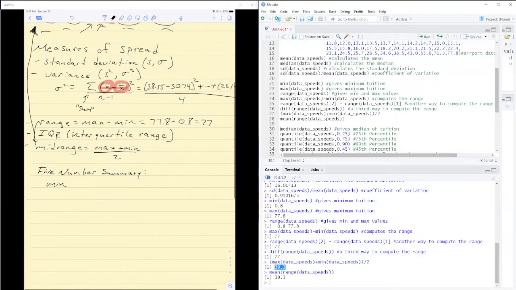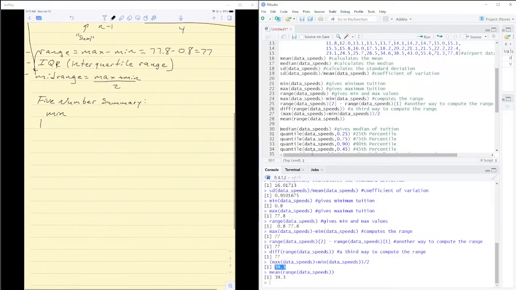The minimum, the first quartile, the median, the third quartile, and the maximum. Okay, so quartiles, think quarters, 25%.